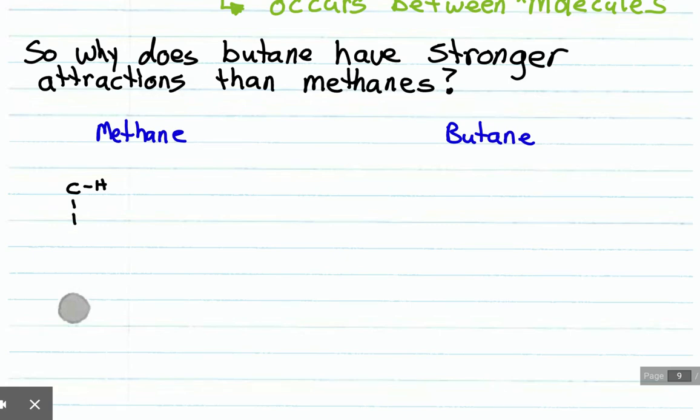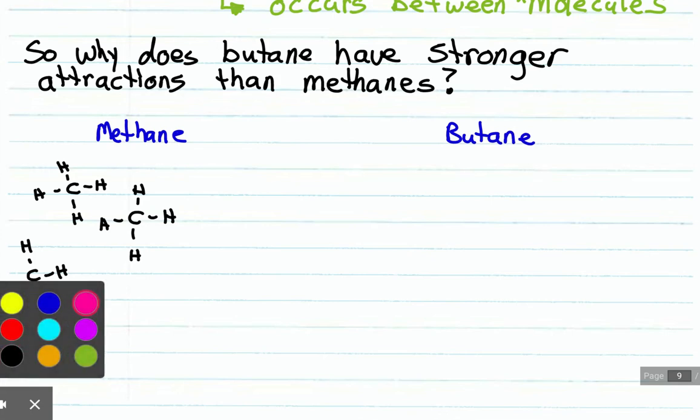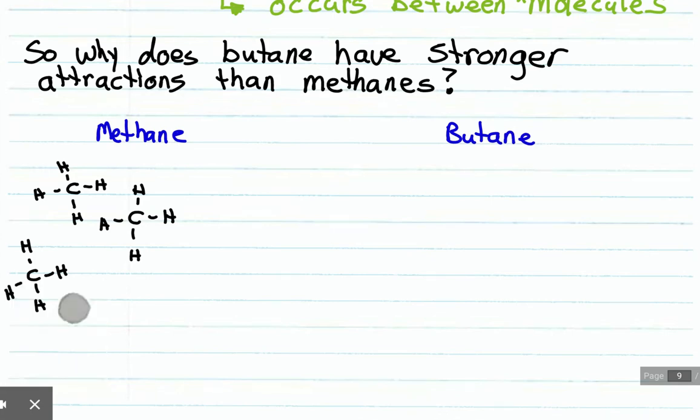Some carbon and hydrogens bonded together. So this is a molecule. And we also have a molecule here. I'm going to draw a couple different molecules of methane. And what we know is that these methanes are going to be attracted to one another.